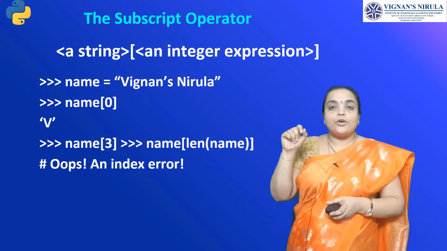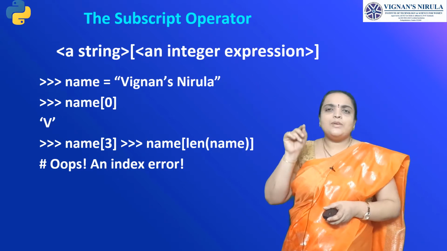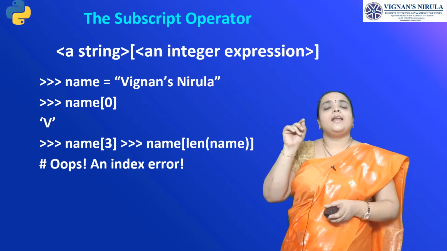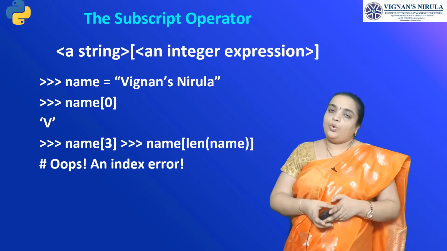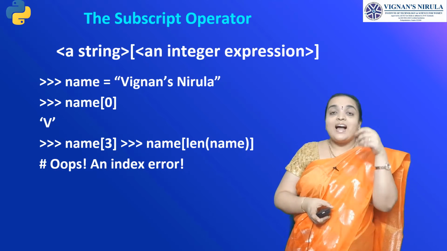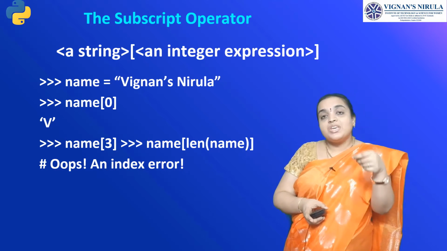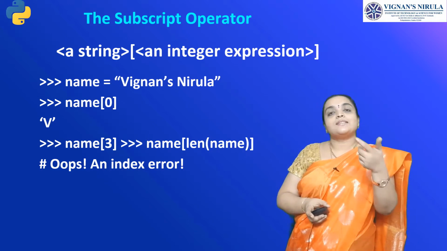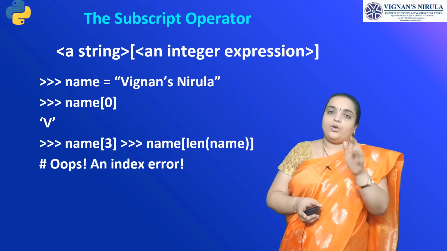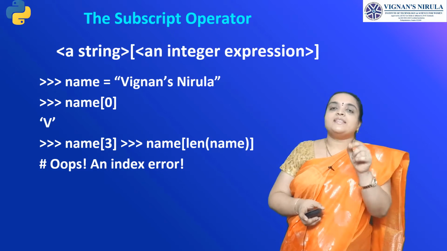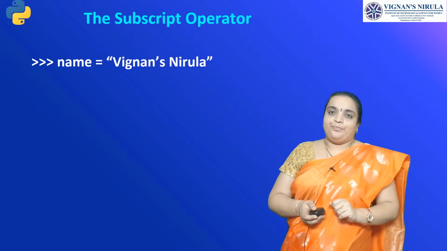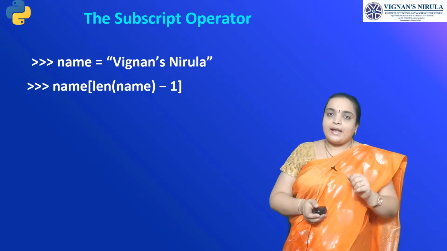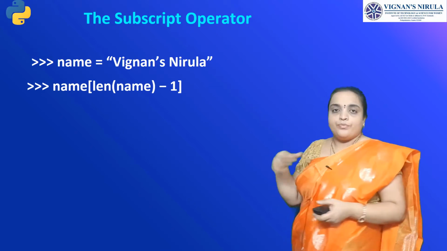So what is the length of the string? 15. Is it possible to extract name[15]? No, because the index starts from 0. So what is the last character index? The last character index is 14, not 15. So it is an index error. Is that clear, students?